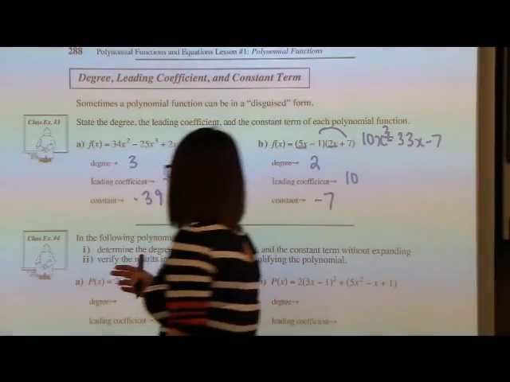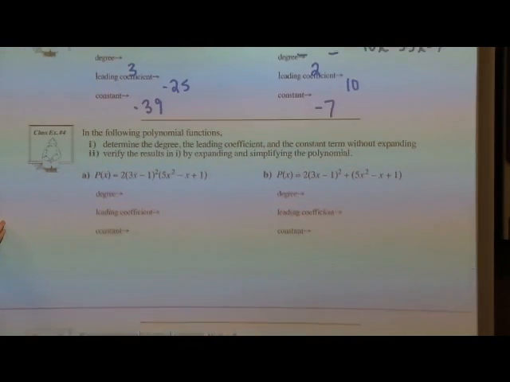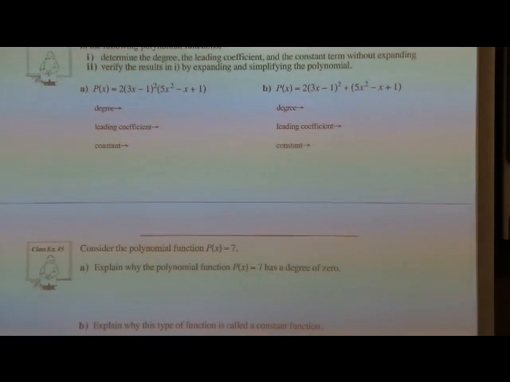Okay? So if I look at class example number 4, it says, in the following, determine the degree, the leading coefficient, and the constant term without expanding, and then verify it through expanding. So if I look at the constant, I get it by doing what? Multiplying those constant terms.